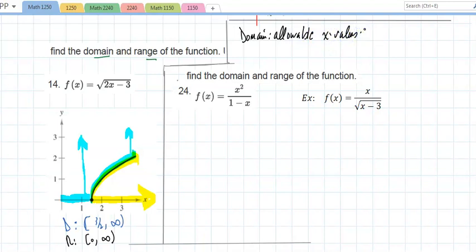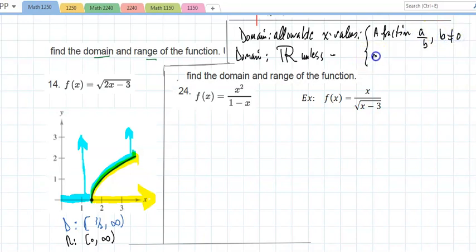Generally speaking, when you ask for the domain, domain is all real numbers unless we see one of 3 functions. Unless we see a fraction. And in the fraction, we want the denominator not to equal 0.